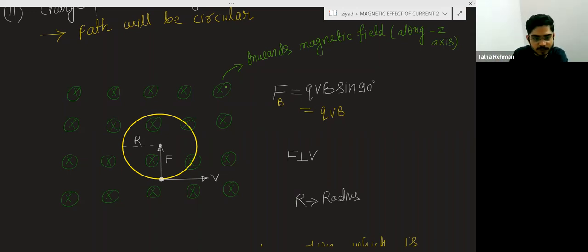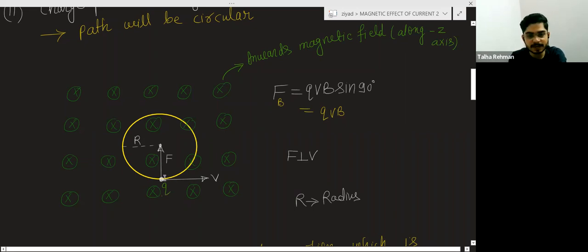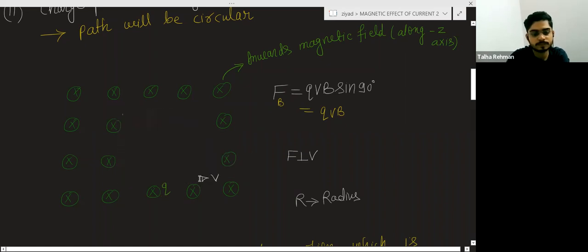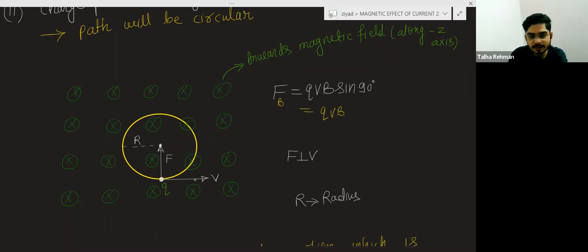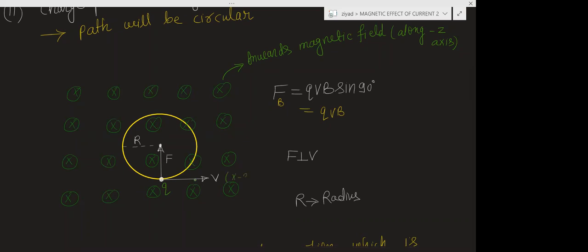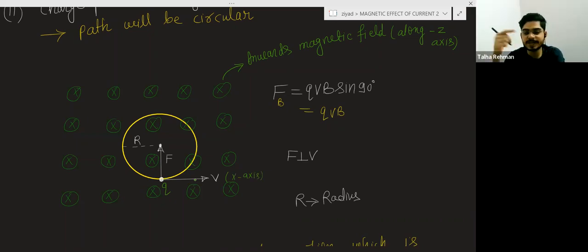So suppose this is your charge particle Q, and this charge particle is moving in the magnetic field. This charge particle has started the motion from this point, and it is moving in this direction, means the charge particle is moving along the x-axis and the magnetic field is along the z axis.